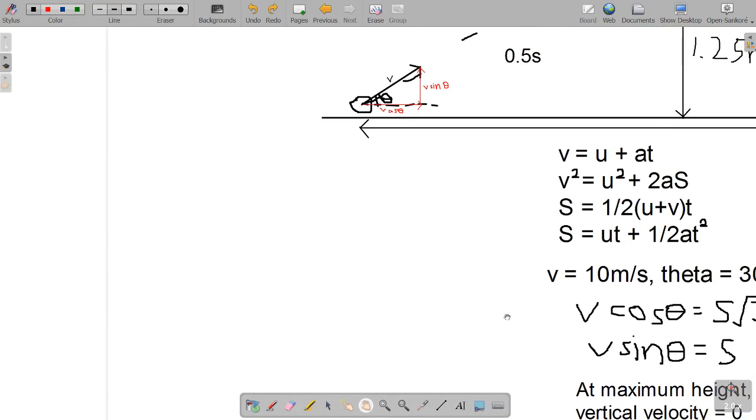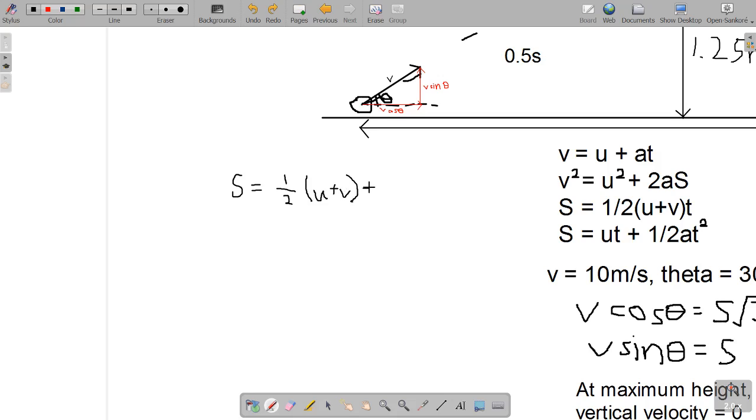So now we calculate in terms of the horizontal component. S equals, I'll just write it here again. So we will just copy here again.